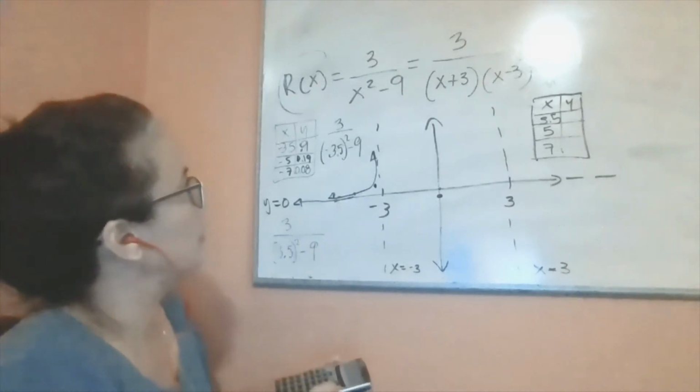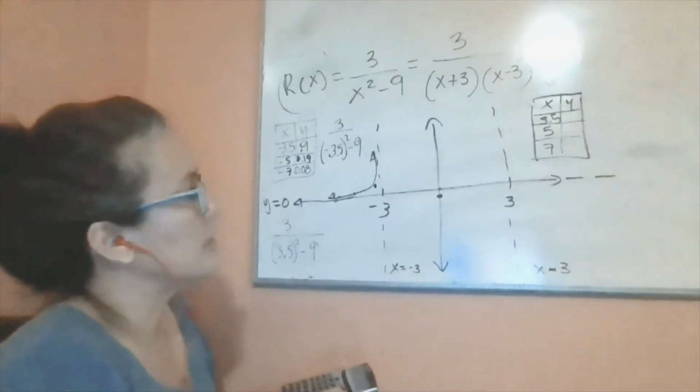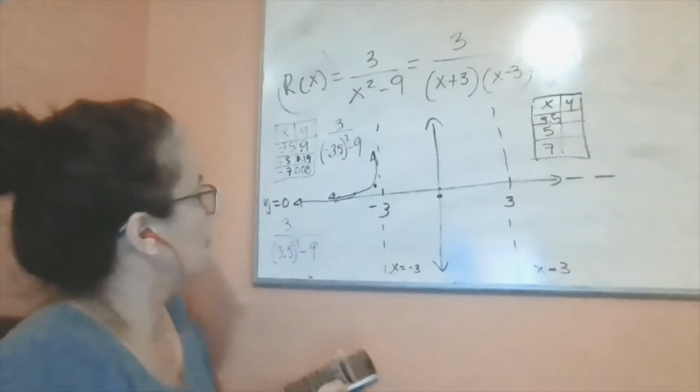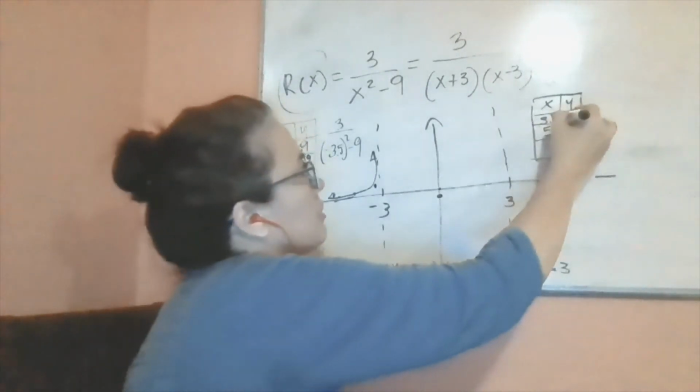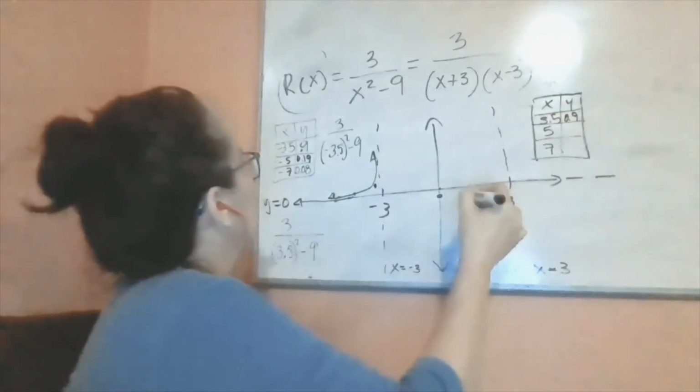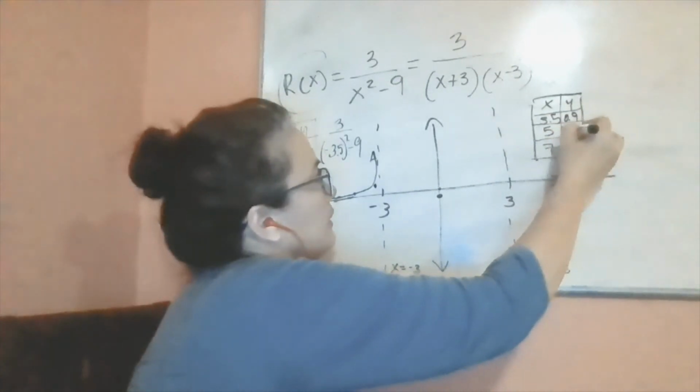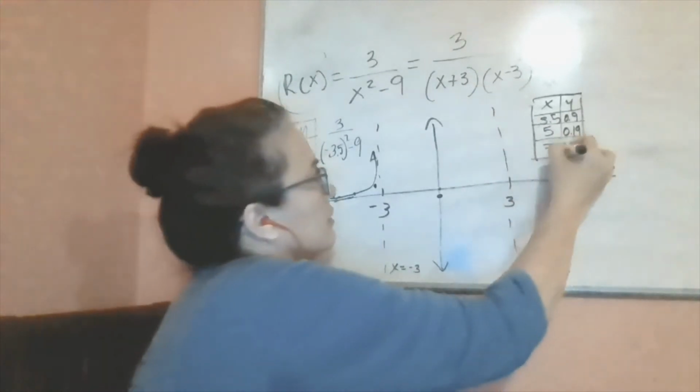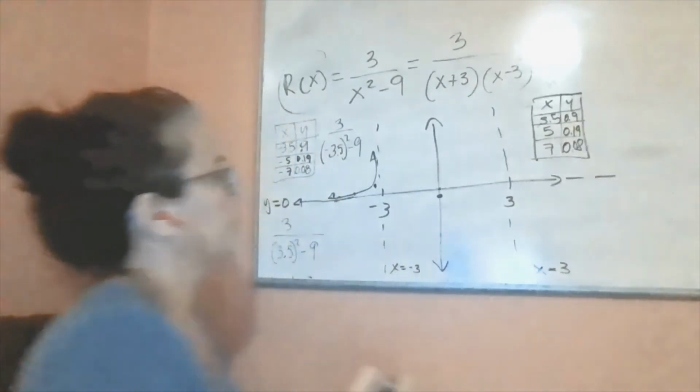And we're going to see that we get the same values over here. So we get 0.9, 0.19, and 0.08.